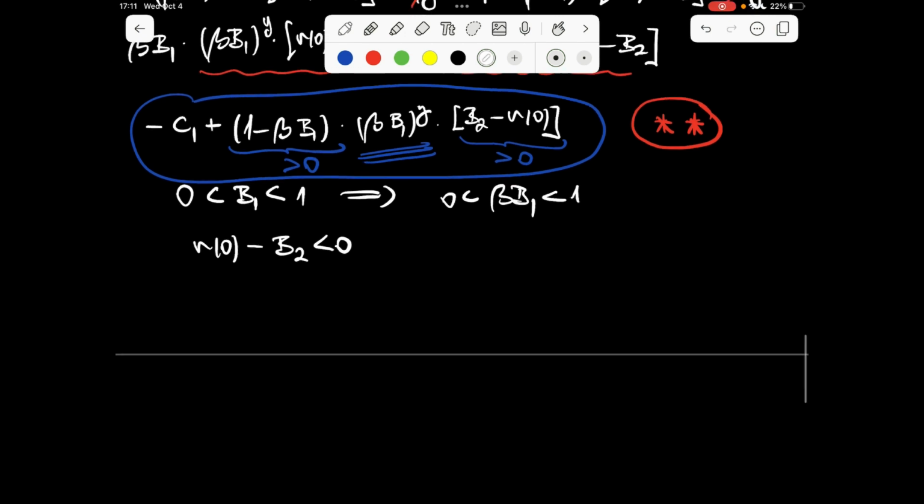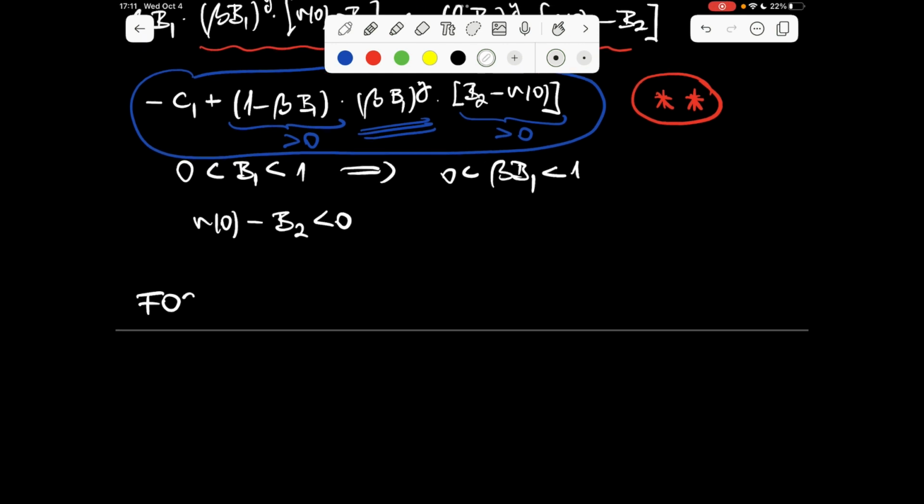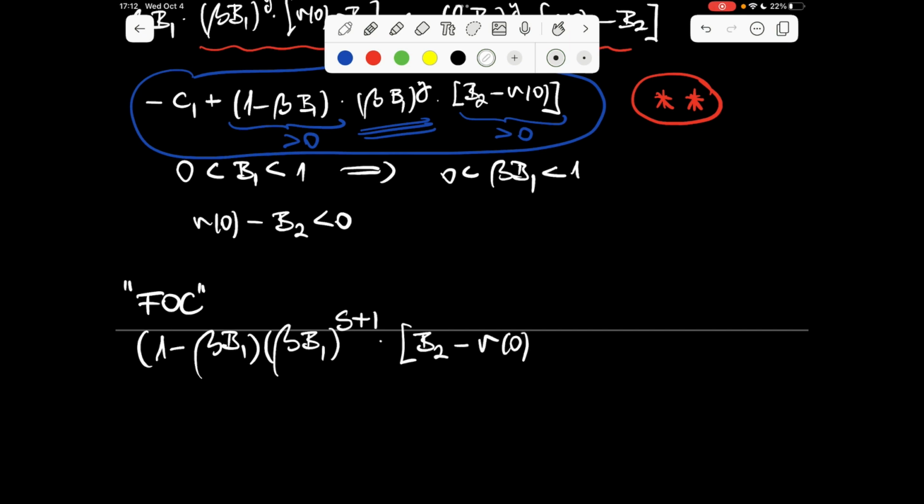So we are going to use this fact. This is a first order condition. So we know, and this is the point we were struggling for, that S is the optimum order size, but over S, the first order condition would be negative.